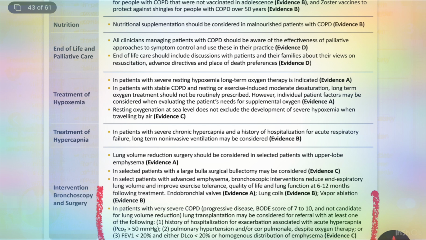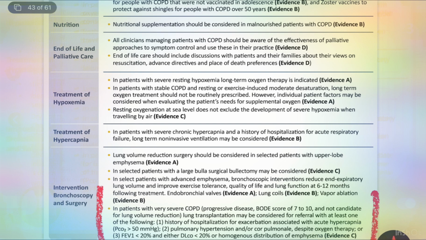So what are these? There are three things. First thing is history of hospitalization for exacerbation associated with acute hypercapnia, meaning PaCO2 more than 50 mmHg was there. Second thing is pulmonary hypertension and or cor pulmonale despite oxygen therapy.